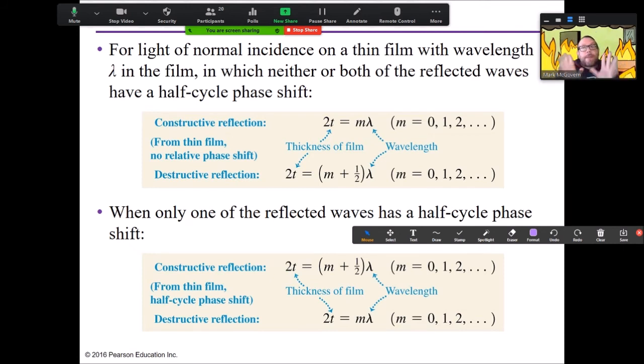Because it's possible that both rays of light experience a phase shift, but that means no relative phase shift. And if you do have a relative phase shift, one or the other experiences it. So this is tricky. It's a lot to keep track of. Be very careful when you do these problems. We'll obviously do a lot of examples so you can parse through this.